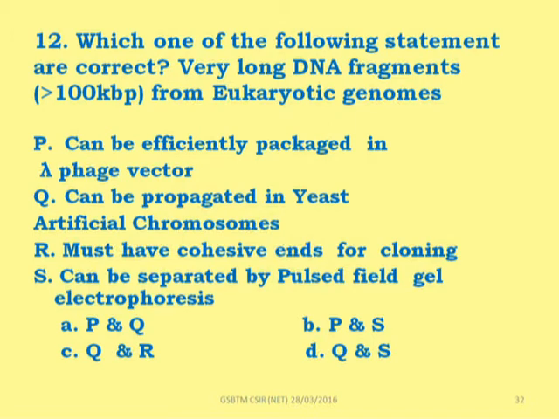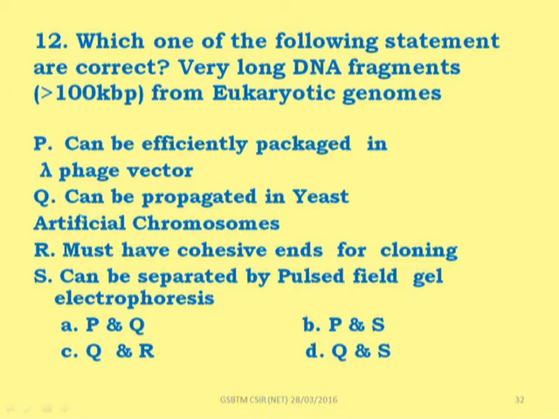But the range of separation of agarose gel electrophoresis varies between 0.5 to 60 kilobase pair. If the DNA fragment is more than 60 kb, then agarose gel electrophoresis will not work. Therefore, pulse field gel electrophoresis can be used.